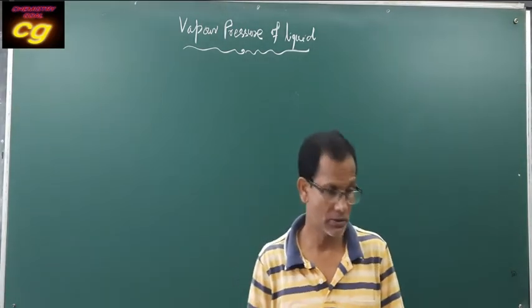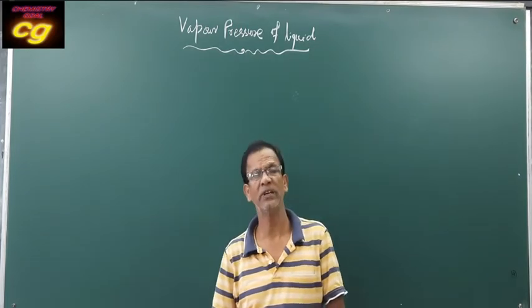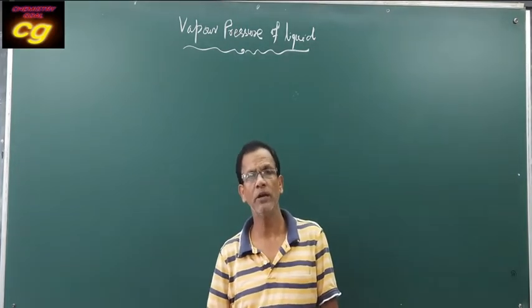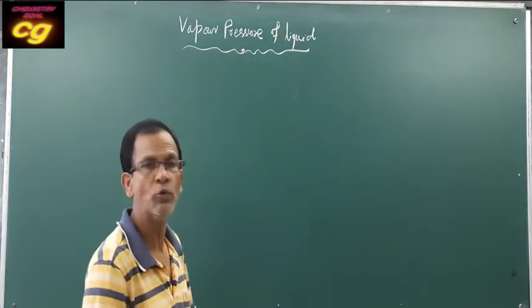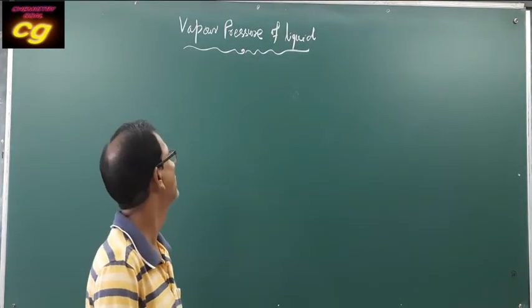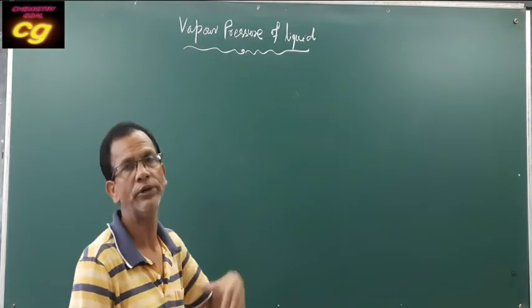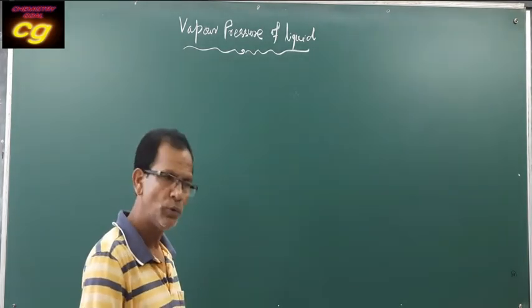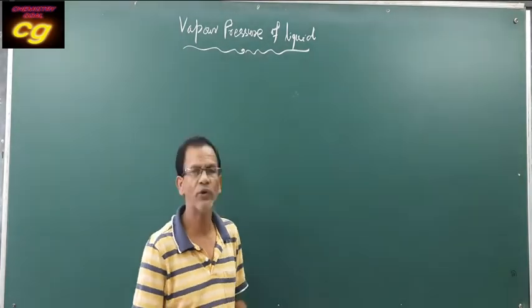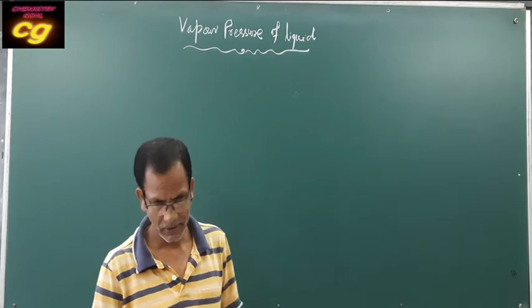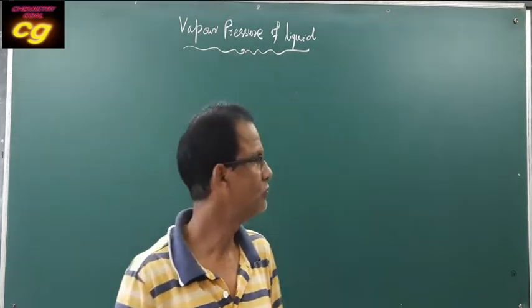Now we'll discuss a very important topic in states of matter, that is, in the liquid state, the vapor pressure of liquid. We know liquid has different characteristics, different properties. Liquid can flow.